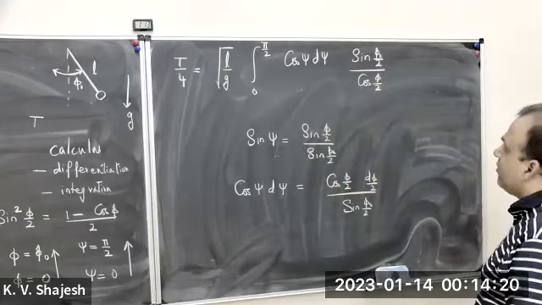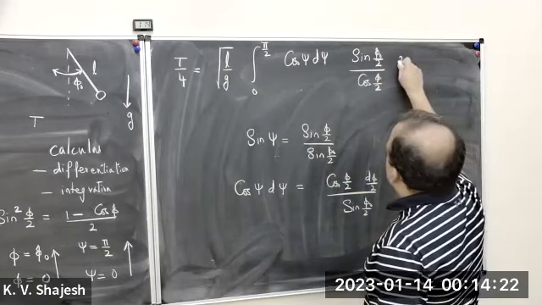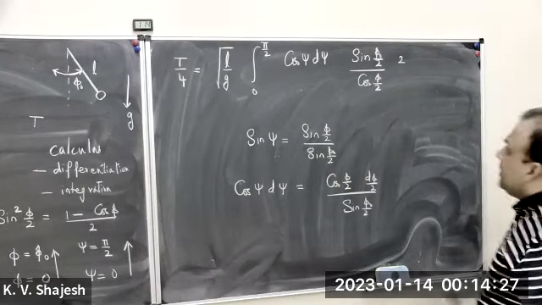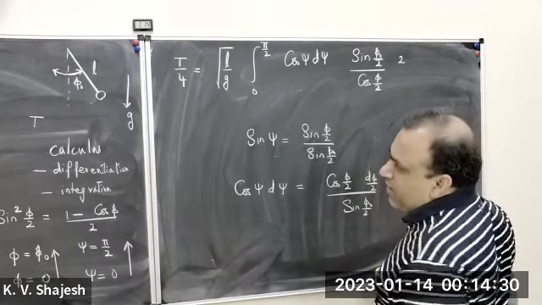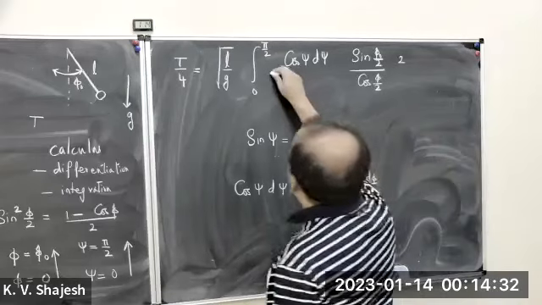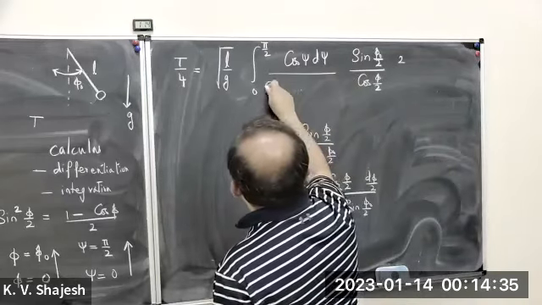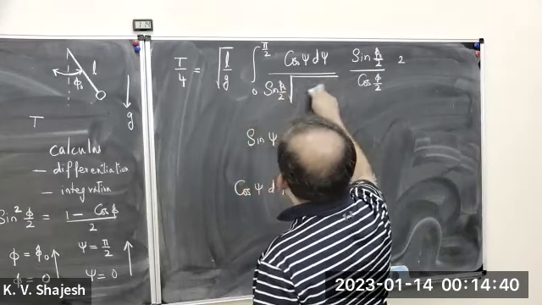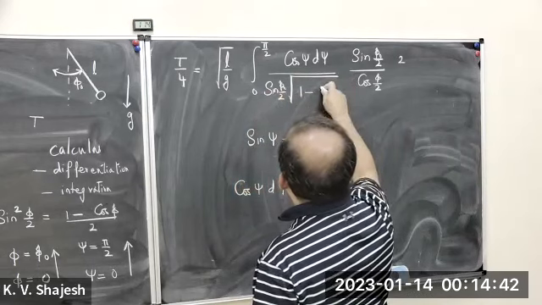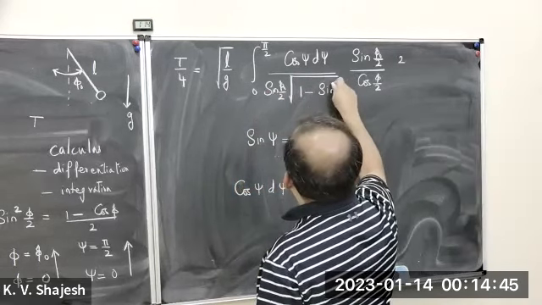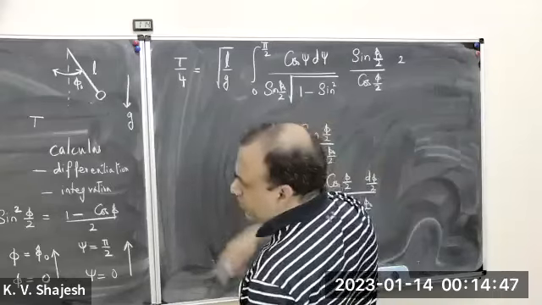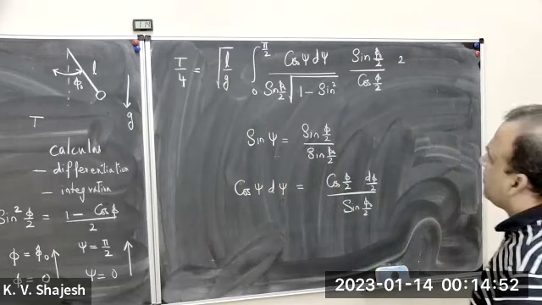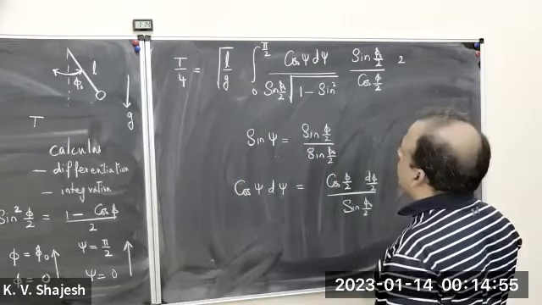And there is a factor of 2 also in there. I also have the earlier denominator in there. The earlier denominator comes out to be sine of phi naught over 2 multiplied by the square root of 1 minus sine square phi over 2, so that's 1 minus sine square psi.